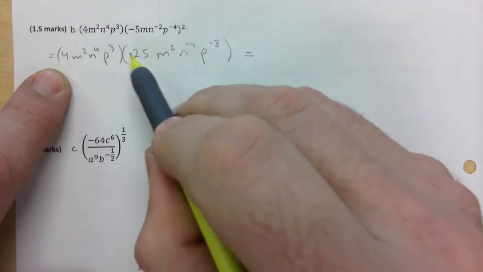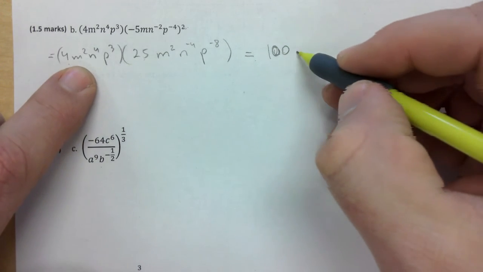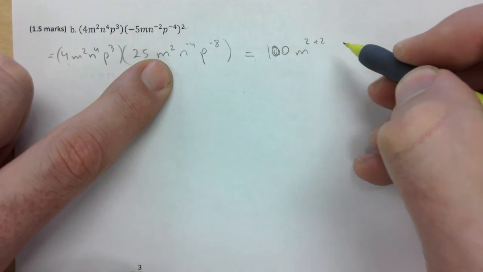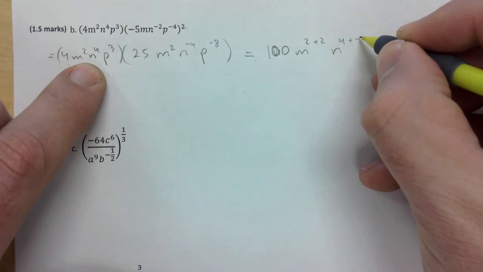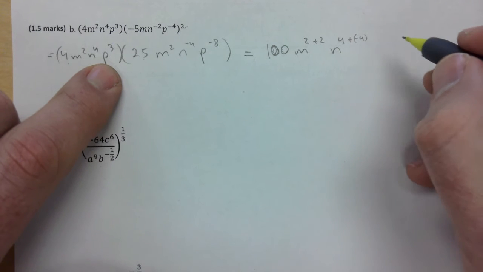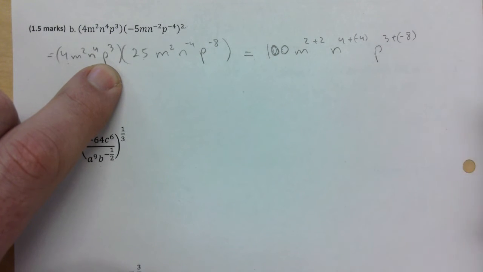Now you can go 4 times 25 is 100. M squared plus 2, right? N to the 4 plus -4, right? And then P3 plus -8, like that.